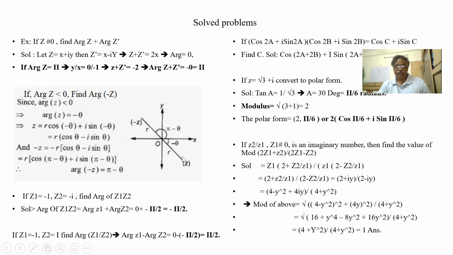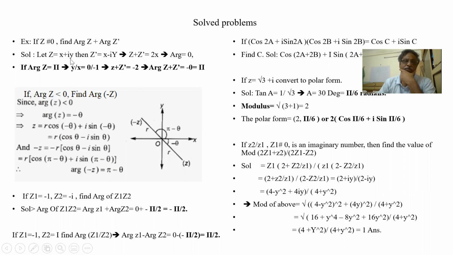If this is z, then this will be z dash, its mirror image. Opposite would be minus z, but the question asks for z dash. If this angle is theta, this is another theta, so it will be almost minus 2 theta.